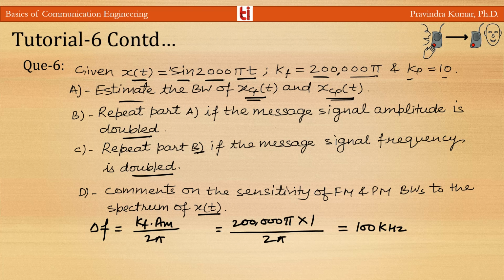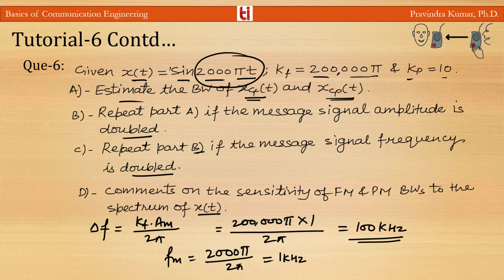So the frequency deviation is 100 kilohertz. And now the baseband signal bandwidth, the FM here is 2000 pi by 2 pi, or you can say 1 kilohertz.